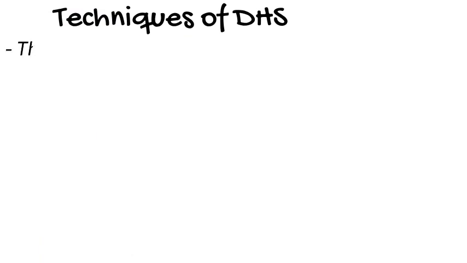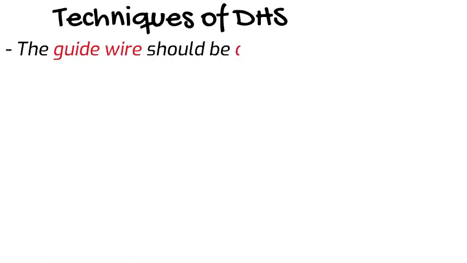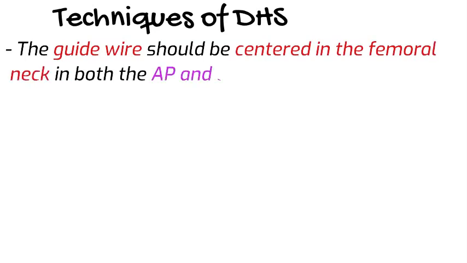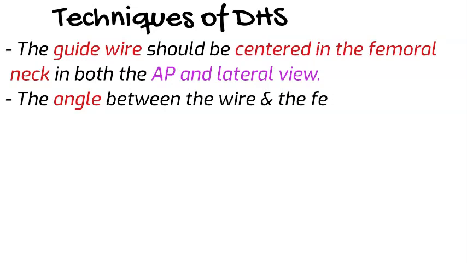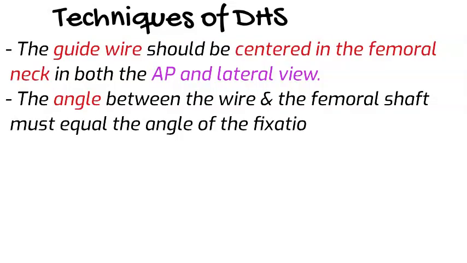The guide wire should be centered in the femoral neck in both the AP and lateral view. The angle between the wire and the femoral shaft must equal the angle of the fixation device, around 135 degree.